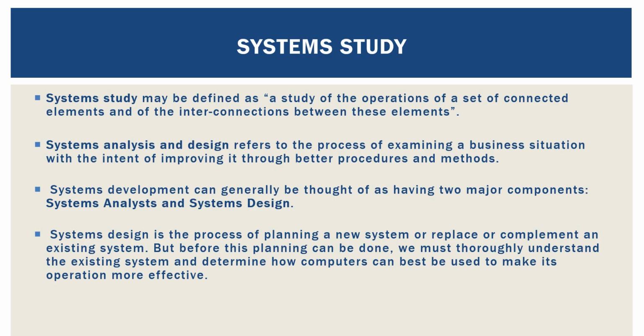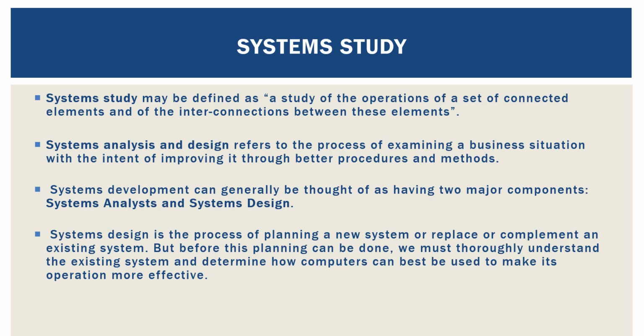Now, let's define what systems analysis and design is. Systems analysis and design refers to the process of examining a business situation with the intent of improving it through better procedures and methods.